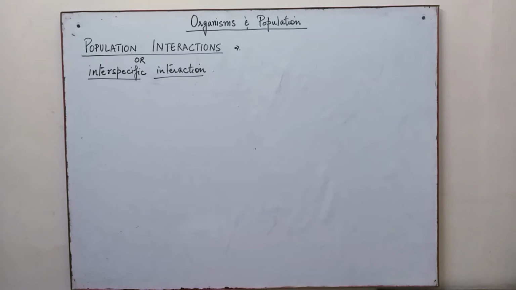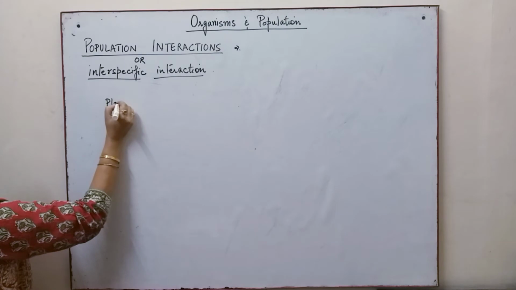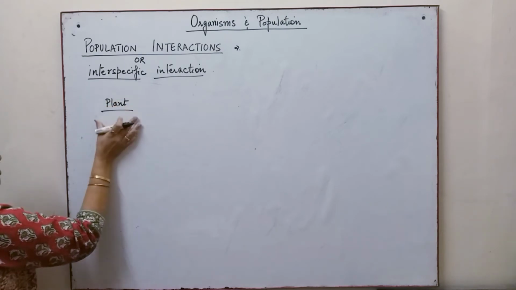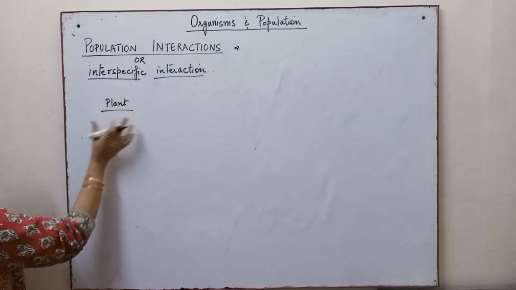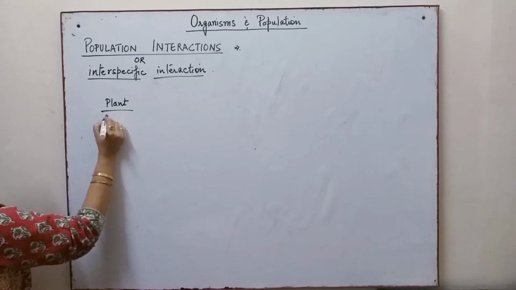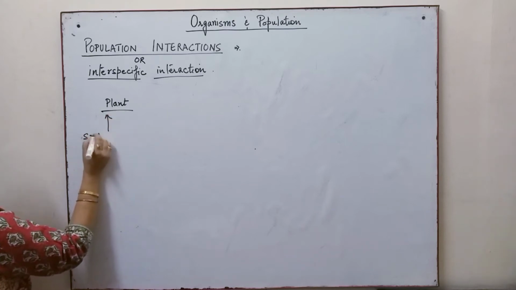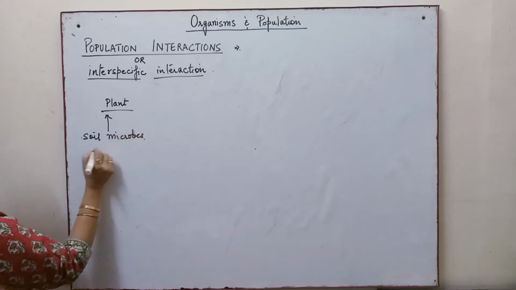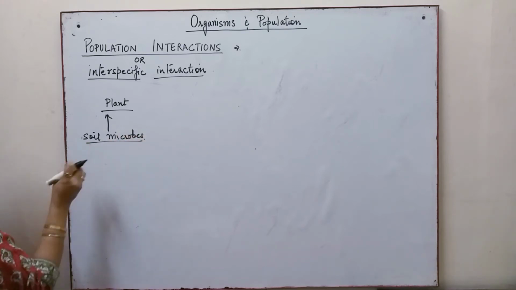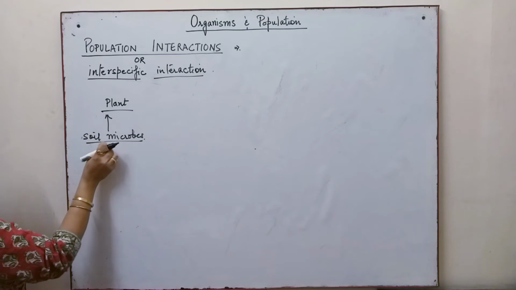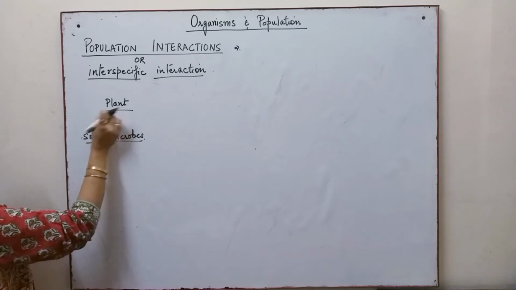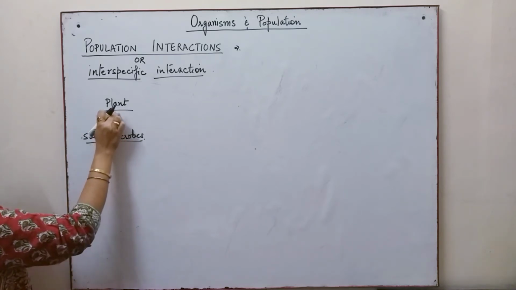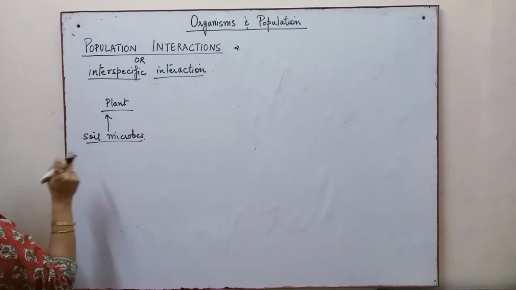It is an autotroph, but still it will not be able to survive. The plant will be dependent on the soil microbes, that is the microbes present in the soil, to break down the nutrients and provide them in a form which can be easily absorbed by the plant for performing photosynthesis.